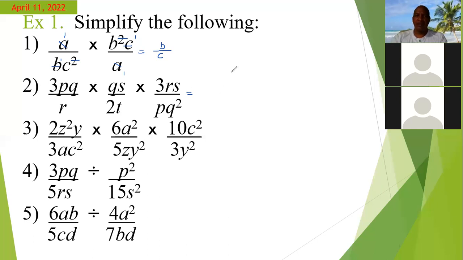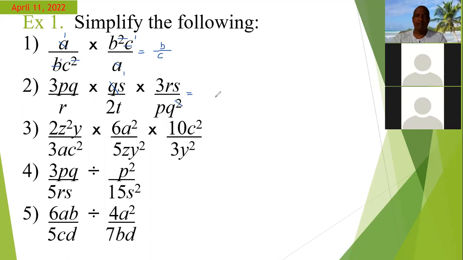So what else can we cancel, if there's anything? We can cancel the Q. So we can cancel this Q with the Q squared up there. Cancel out the 2 here, we have Q left.